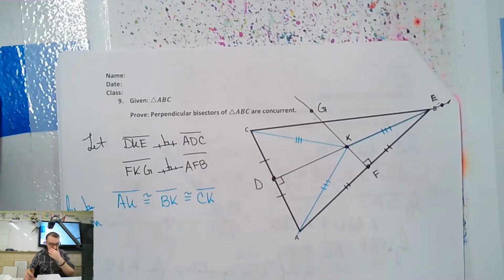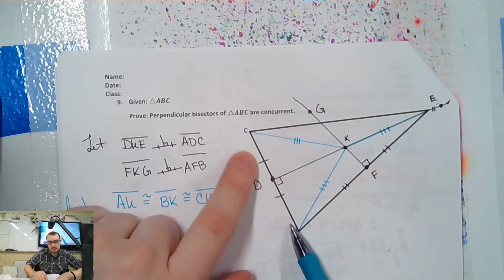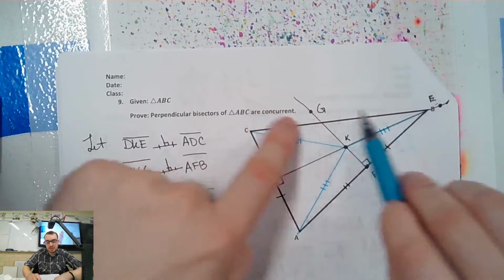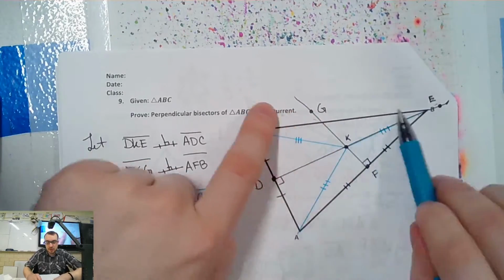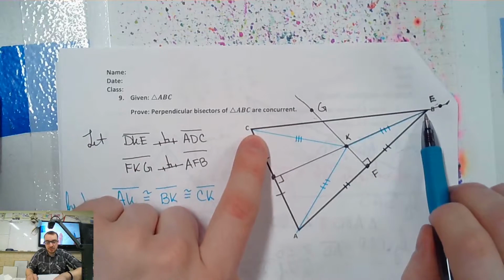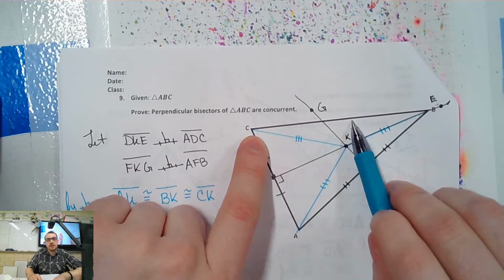Because according to this, I have the perpendicular bisector of this side. I have the perpendicular bisector of this side. The last one, the one I'm going to talk about, has to go through K, right? So if you look, isn't K equidistant from C and E and C and B? That means it must be on this guy's perpendicular bisector, right?